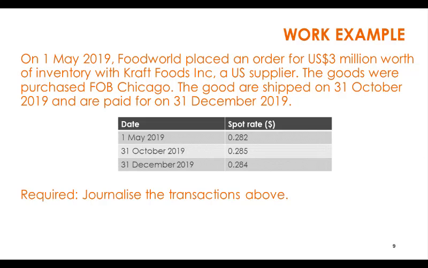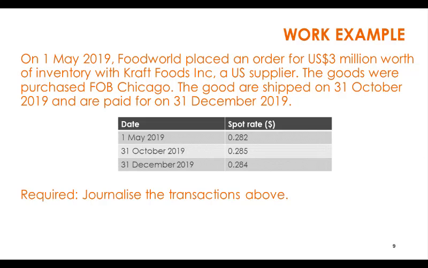Let's have an example. On 1st May 2019, Woodward placed an order for $3 million worth of inventory with Kraft Foods Inc., a US supplier. The goods were purchased FOB Chicago.